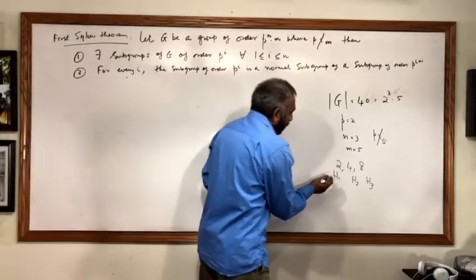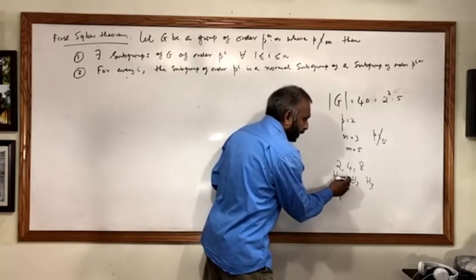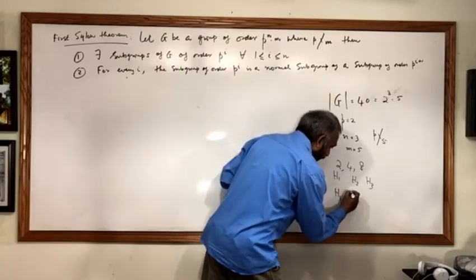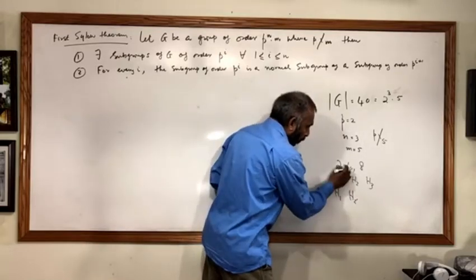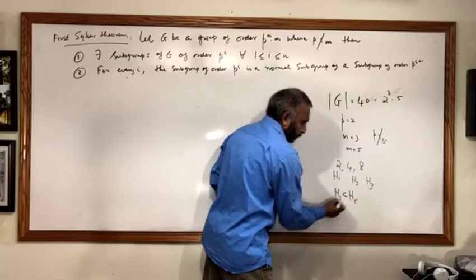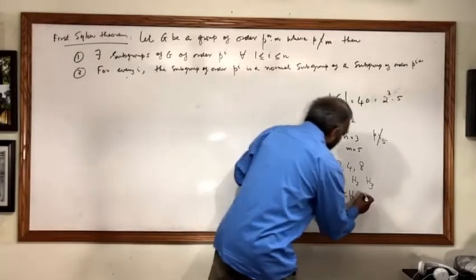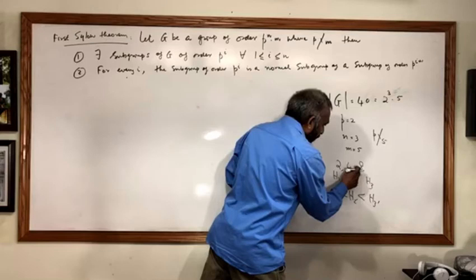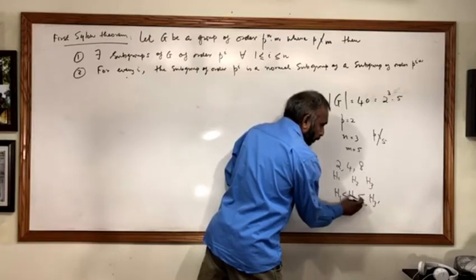So for H1, we can find, not necessarily this H2, a subgroup, let's say H2 dash of order 4, such that H1 is normal in H2 dash. And that is what the second part is saying. Similarly, you can find another H3 dash of order 8 such that H2 dash is a normal subgroup of H3 dash.